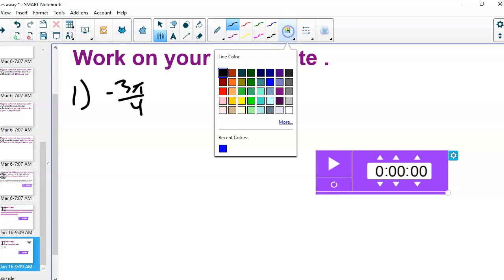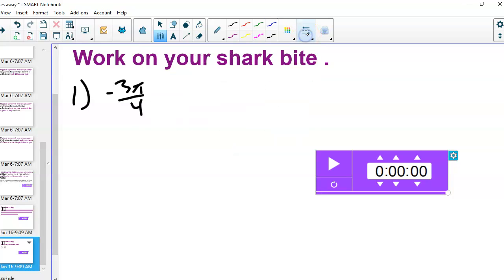So we need to find the 6 trig functions for this. We have a negative angle, so we need to think, where is negative 3 pi over 4 really? Because positive 3 pi over 4 would be here. So where is negative 3 pi over 4? In the third quadrant.